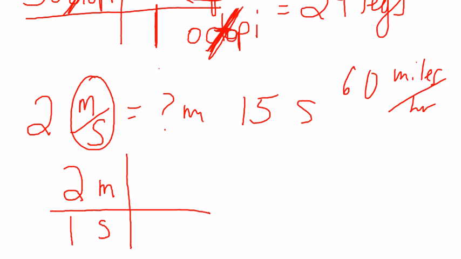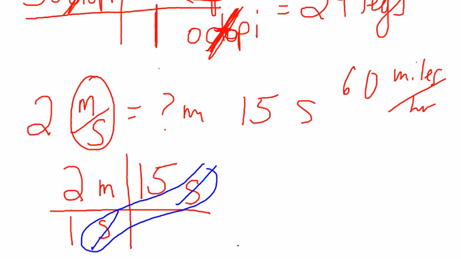So if you're moving at a rate of 2 meters per second, you want to multiply by the number 15, because when we multiply by 15, the seconds cancel because they are diagonal. If we set up a diagonal relationship, the units cancel. 2 times 15 is equal to 30. Meters is the unit that is not canceled.